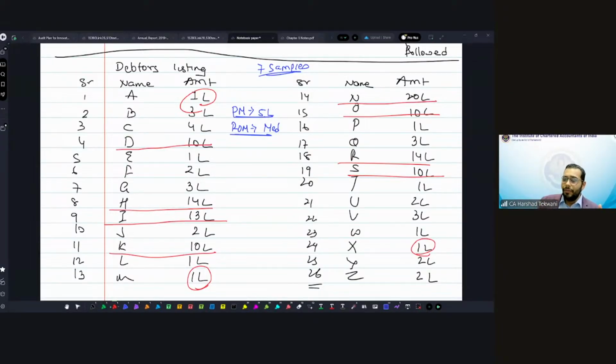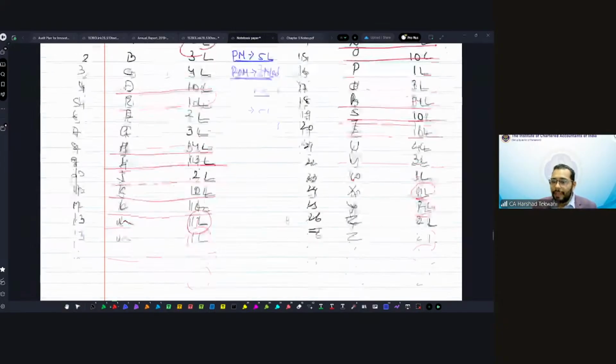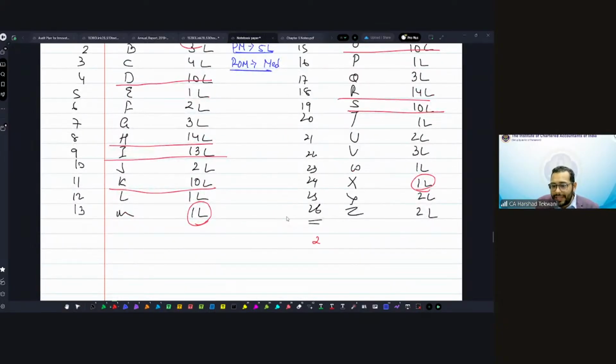See, in the debtors' confirmation, it is a balance. I may still say that a combination is a good approach because it gives me good comfort on the material amount of the data with respect to the confirmation. Now, let's say, for example, I have a debtor, let's say AB, which has a balance of 3 crores.